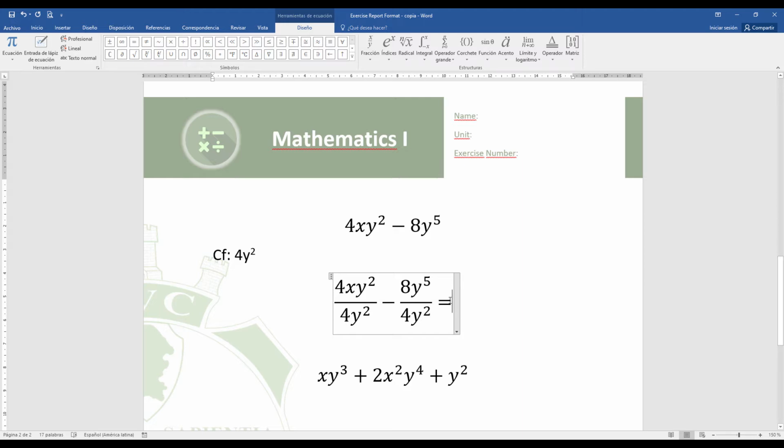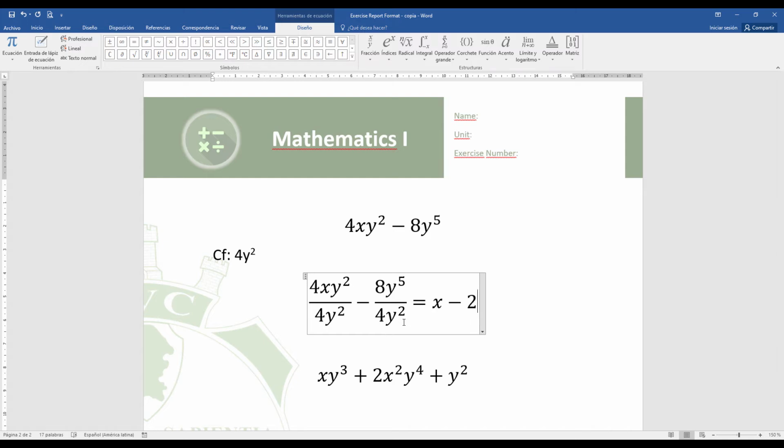It's not necessary to type that result here. x can pass because the variable x is not divided by another x, and y squared divided by y squared is 1, so it's enough to type x. So now you need to divide 8 by 4, it's 2, and y to the power 5 divided by y squared, so this is y cubed.